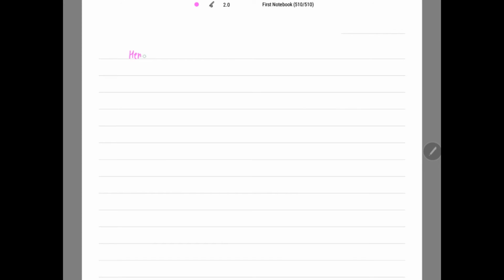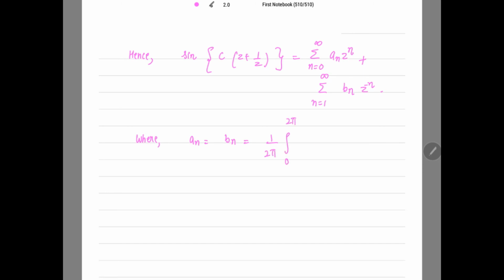So finally, our function sin of c(z plus 1 over z) is equal to the summation n going from 0 to infinity of a_n z to the power n, plus the summation n going from 1 to infinity of b_n z to the power minus n, where a_n is equal to b_n is equal to 1 over 2 pi integral 0 to 2 pi of sin of 2c cos theta cos of n theta d theta.